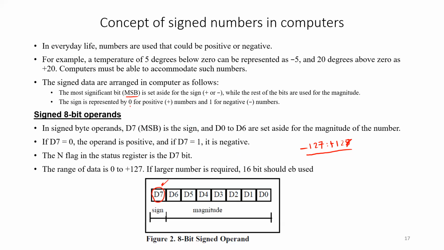So if D7 is 0, it's a positive number, and if D7 is 1, we have a negative number. So, to represent the data, from D0 to D6 we have data, which can vary from 0 to 127, and the last bit is our sign.